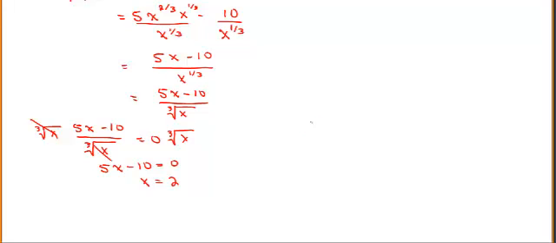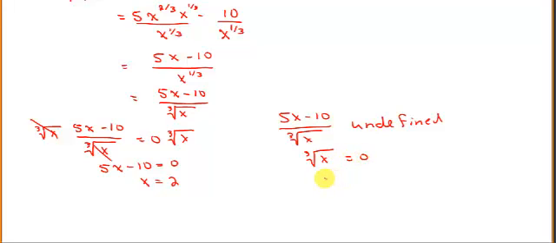All right, where is 5x minus 10 over the cube root of x undefined? That'll be where the denominator is equal to 0, so where the cube root of x is equal to 0. Cubing both sides, x is equal to 0 to the 3rd, which is still, of course, 0.